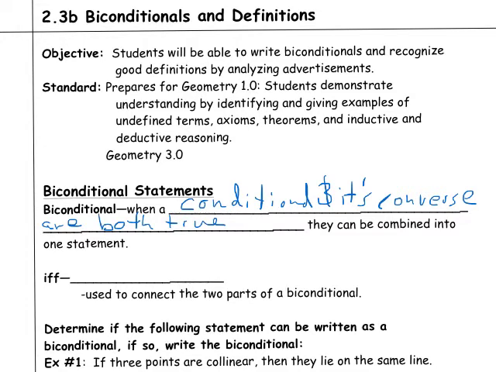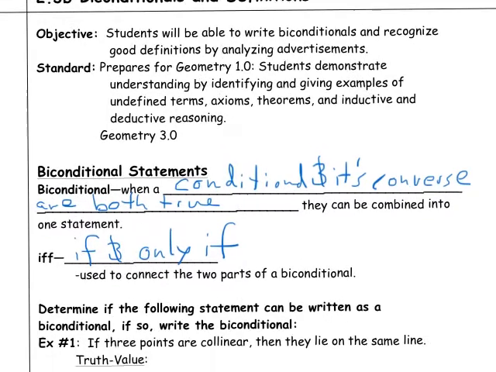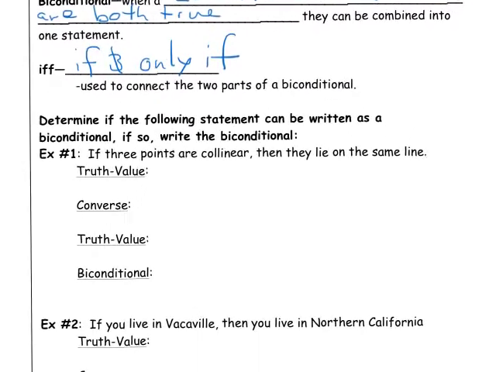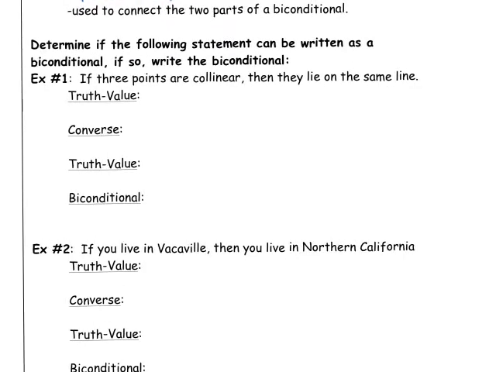And there's some language that we use. Notice this isn't a typo, this IFF. This is shorthand for if and only if, and we're going to use this a lot when we use biconditionals. So we're going to just use if and only if.